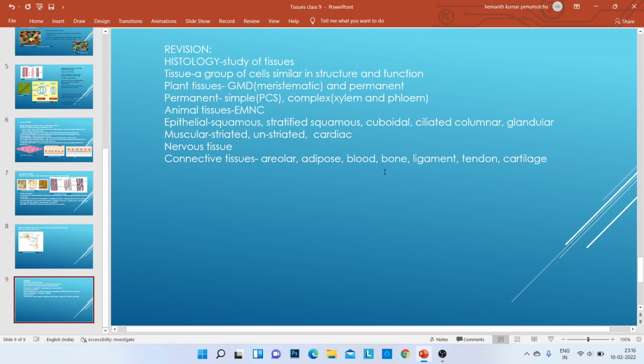If two bones are connected by a connective tissue, it is a ligament. If it connects bone and muscle, it is called a tendon. Ligament and tendon are also connective tissues. And the last connective tissue is cartilage. Okay, this is the end of the chapter.